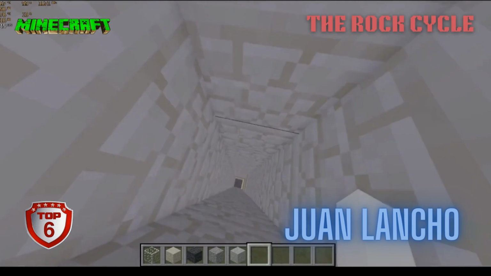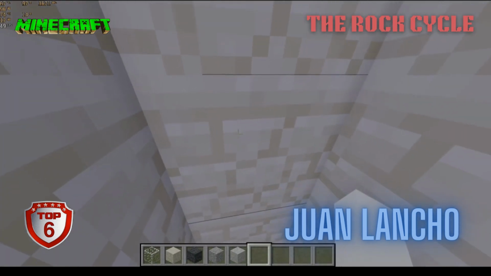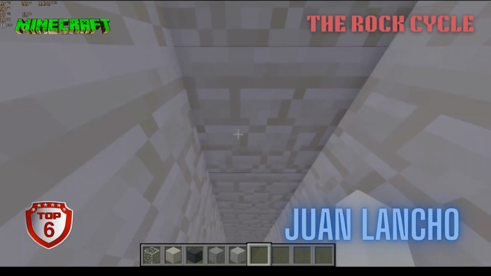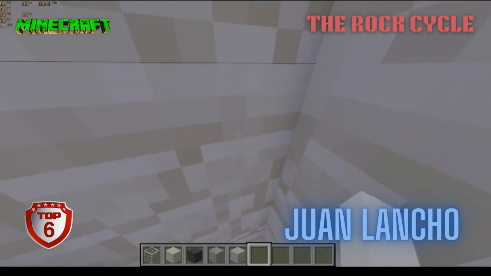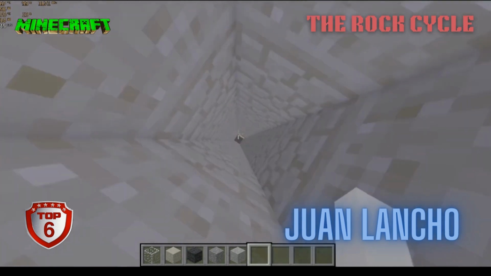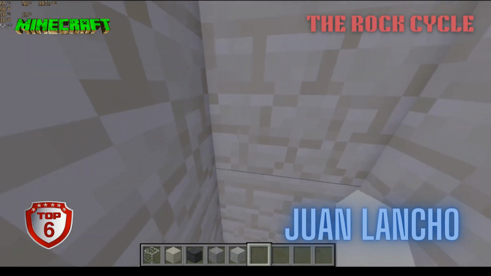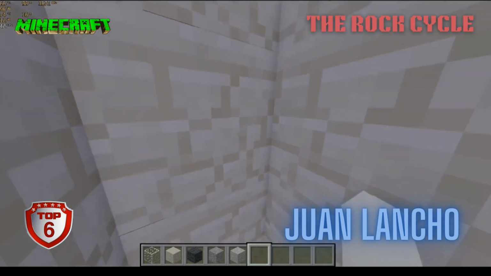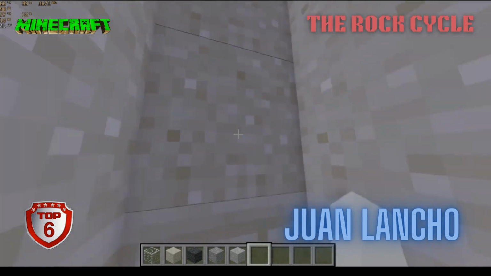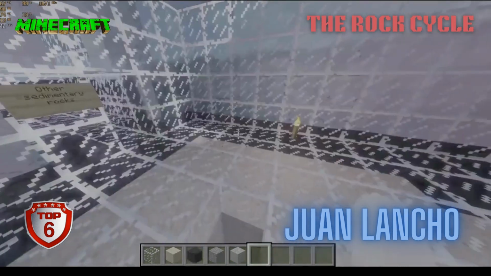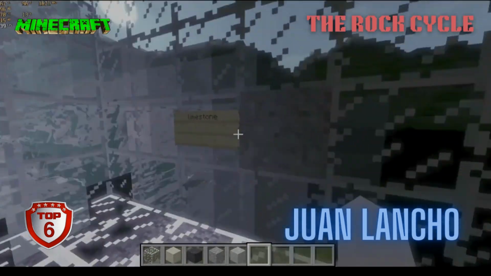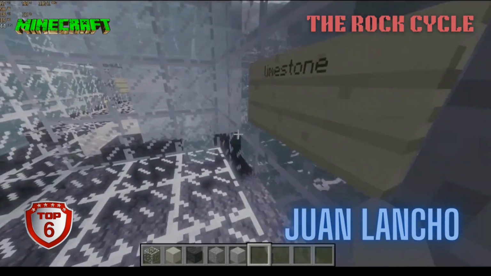The other type is lower than 2 millimeters, but we can see the grains, like sandstone. And in the other, the grains are not visible to the naked eye, but with a microscope we can see the grains, like clay. Other types of sedimentary rocks are limestone.